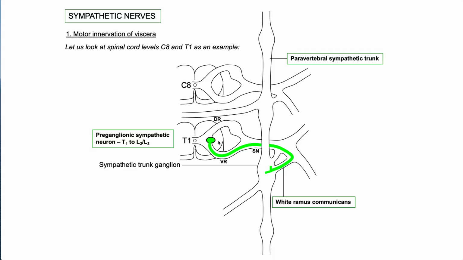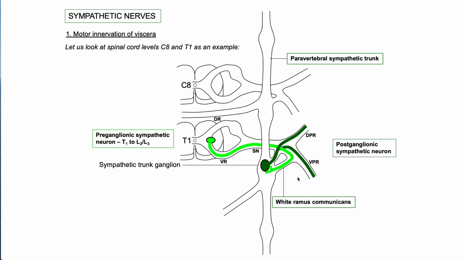And this entry part has a name, white rami communicans. And then it relays into another neuron, which is my postganglionic sympathetic neuron. And then it gets out. So this is postganglionic fiber. So the entry part was white rami communicans, and the exit part is gray rami communicans.